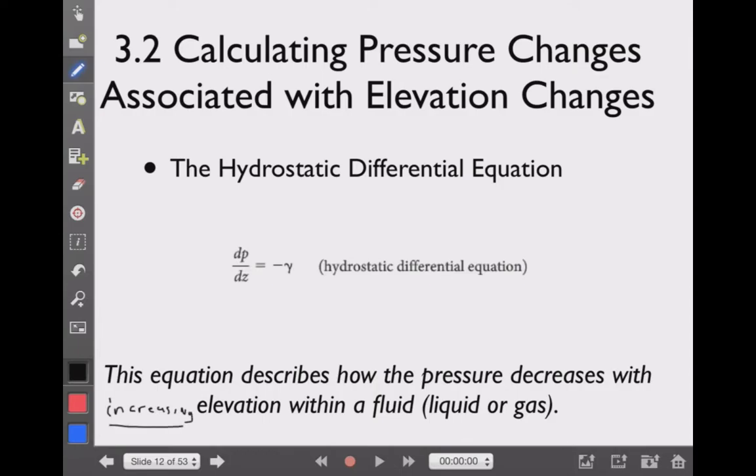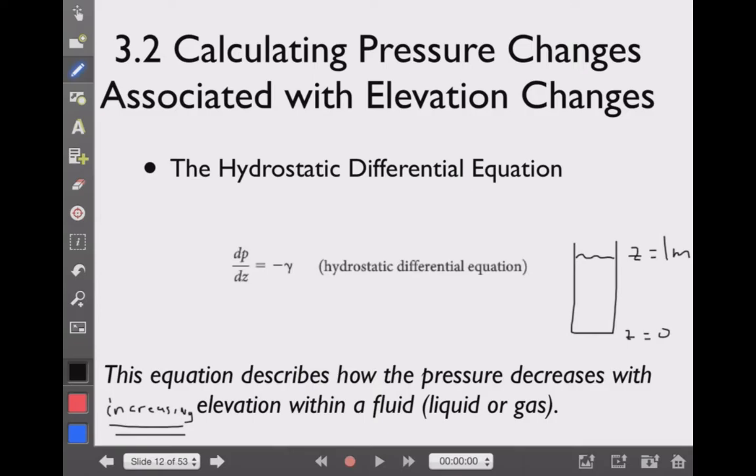So as the elevation in a fluid increases, if we had a fluid here in a container, and this was the bottom of the container at z equals 0, and this is, say, z equals 1 meter or something like that.